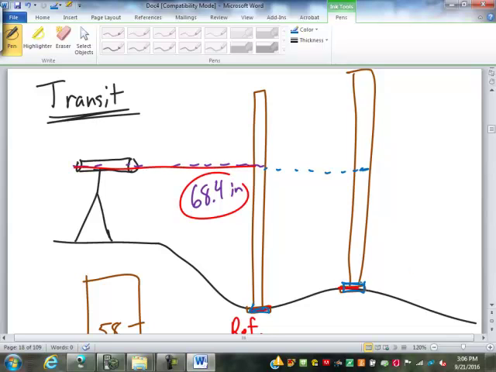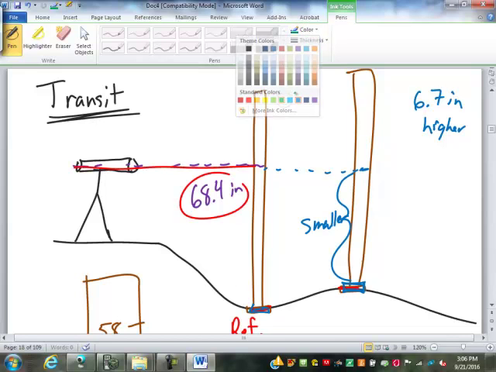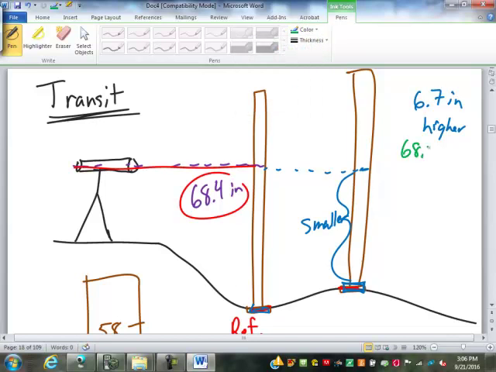If this is a higher point, the distance is going to be less. This will be smaller. If this were, let's say, 6.7 inches higher, this reading would be 68.4 minus 6.7, or 60.7 inches, is what that reading would be when you look through the scope.